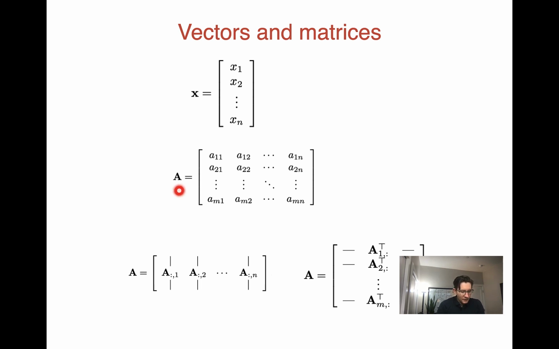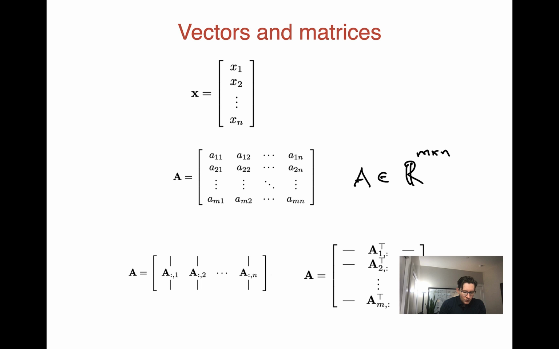So it can be a bit confusing, and we'll try to make it clear at the time whether by a capital letter here we mean a matrix or random variable, or perhaps a random variable that is matrix valued. Likewise, we write A in R^(m times n). Note that here we have m rows and n columns. We always write rows first. So that's why we have m times n versus the reverse.